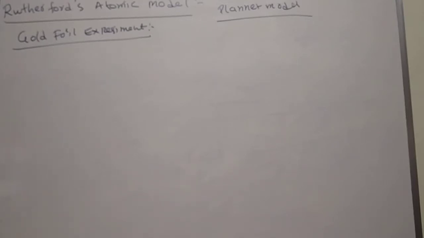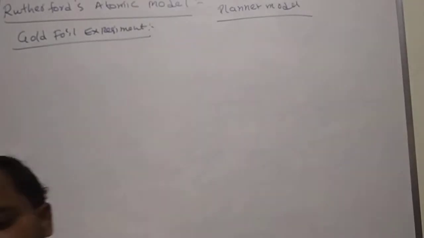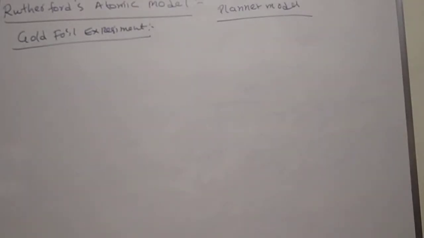After those observations, he tried to explain his model. That means he gave us some important conclusions from the observations. After that, finally, we have some disadvantages of this atomic model. We'll see those disadvantages in continuation also.